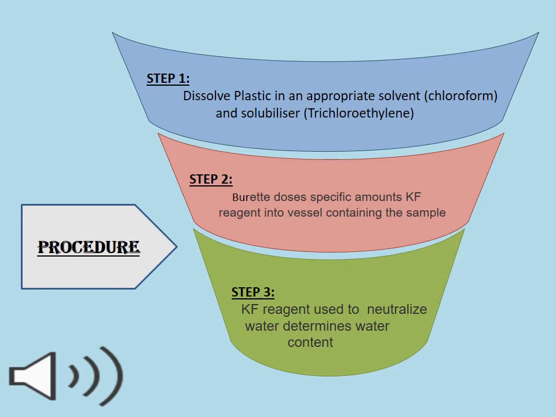The procedure is the same as I discussed previously in the agriculture field when determining the moisture content in the fertilizers: the KF reagent contains iodine. This iodine will further react with the water that is present in the plastic and form hydrogen iodide, which will be a colorless solution. So the KF reagent that is used to neutralize the water basically determines, or we can estimate, the water content that is present in the sample.